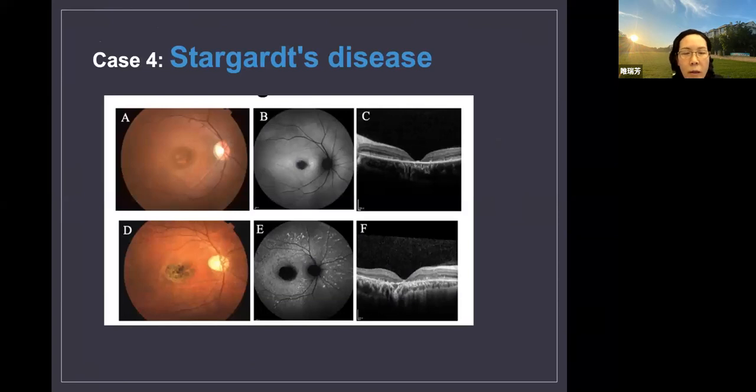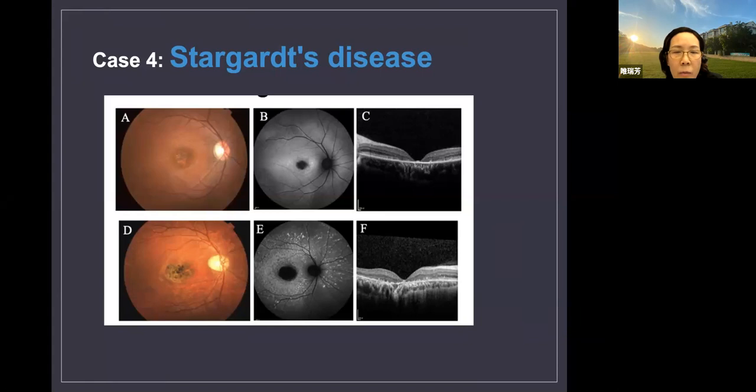This case is Stargardt disease, but we always have patients at different stages of Stargardt disease. We know in Stargardt disease, the patient can start to have visual acuity impairment before the age of 10.